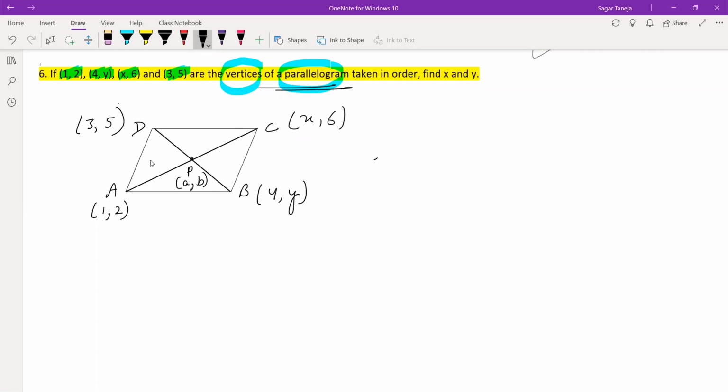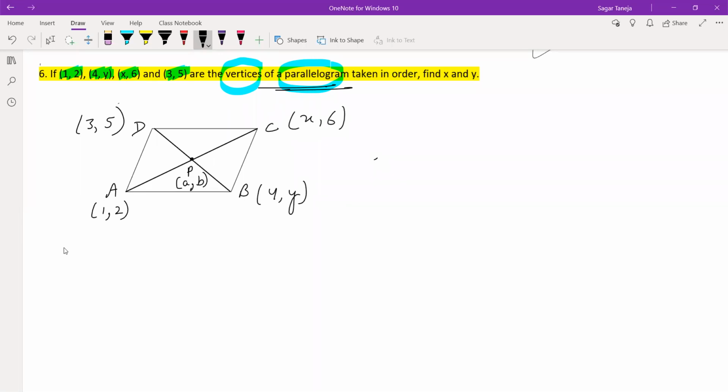Here you should know the property of parallelogram related to the diagonals. In the starting, I told you two formulas: the section formula when we have any ratio other than 1:1, and when we have ratio 1:1, then the midpoint formula. So that we are going to use here.